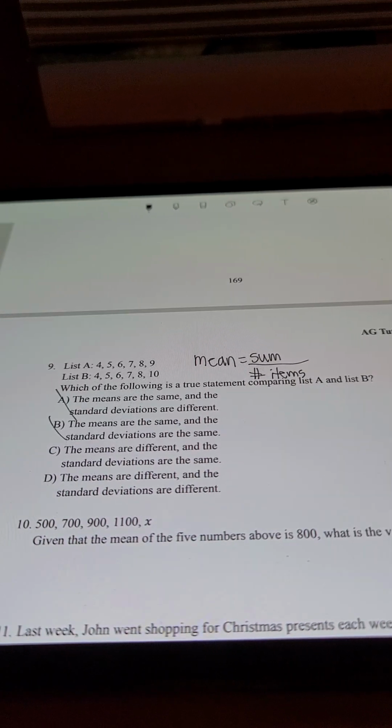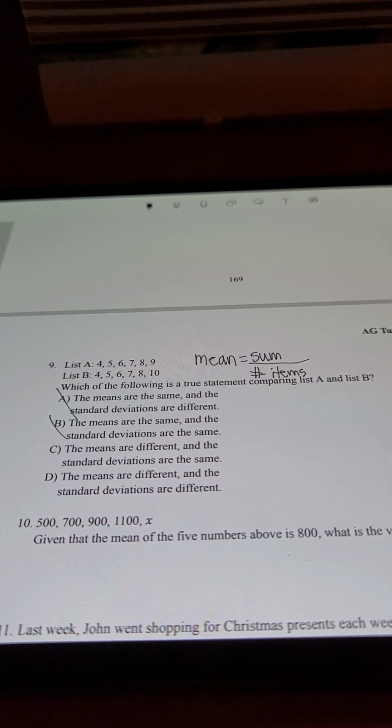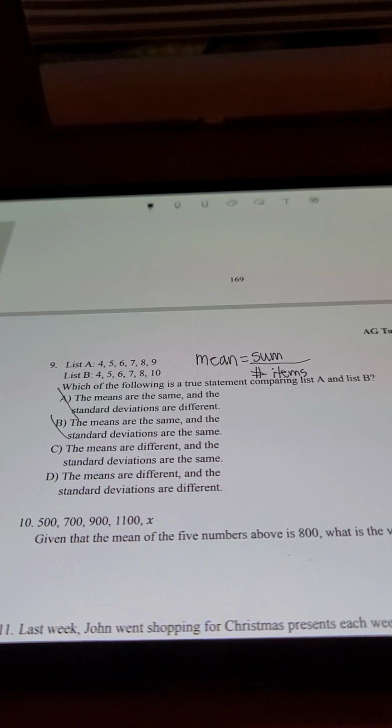So now we have to see if the standard deviation is going to be the same or different. So standard deviation is basically how far the data deviates from the mean, like how dispersed the data is in relation to the mean.